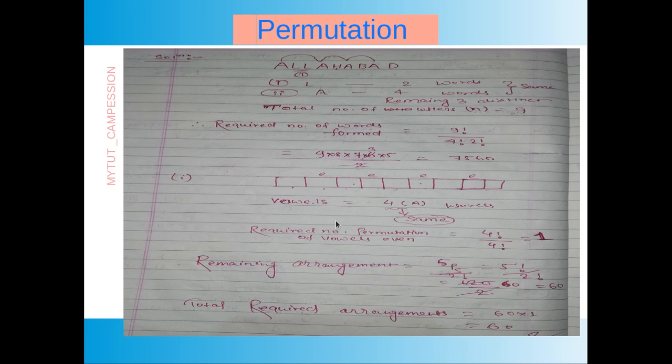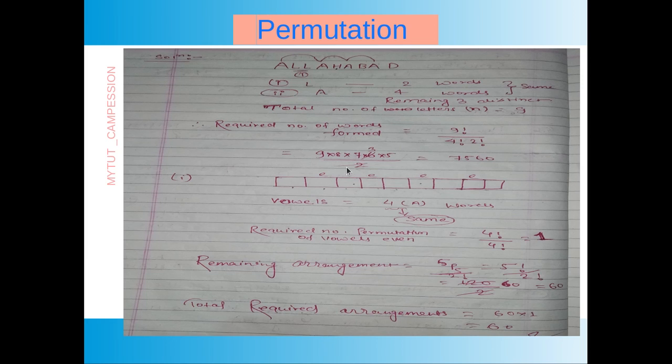So you can arrange all vowels in even positions in one way, because the required number of permutations of vowels in even positions is 4 factorial divided by 4 factorial, permutation of all distinct things taken r equal to n, where n equal to 4. So 4 factorial divided by 4 factorial equals 1.